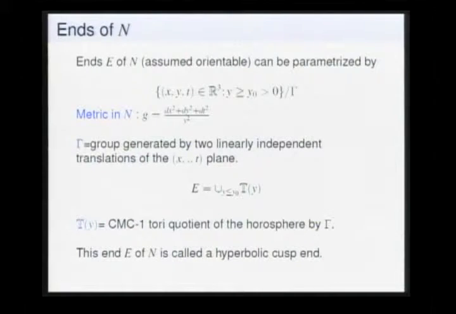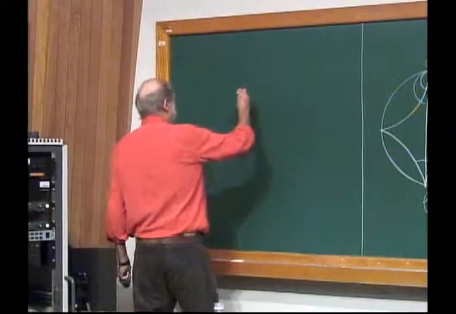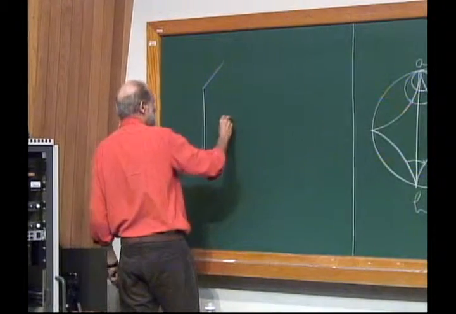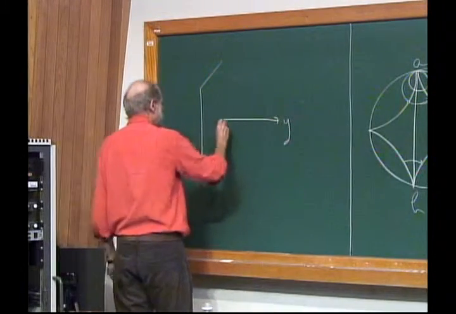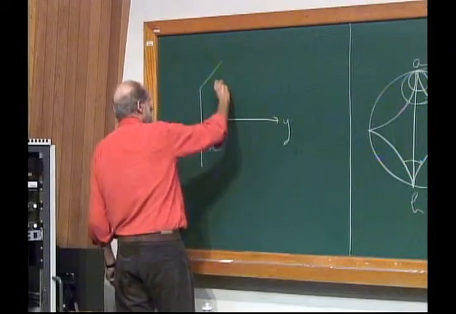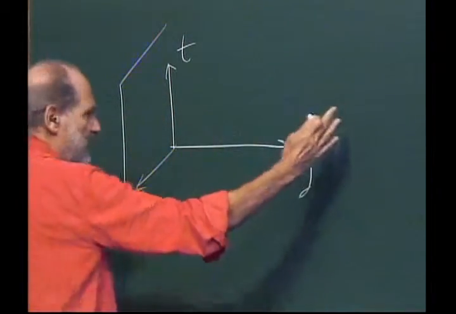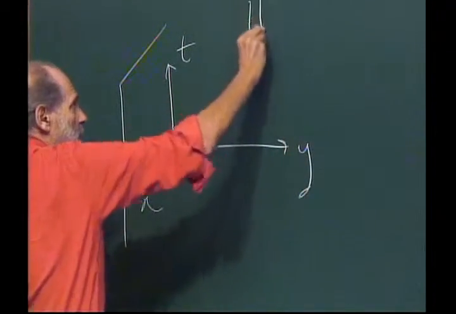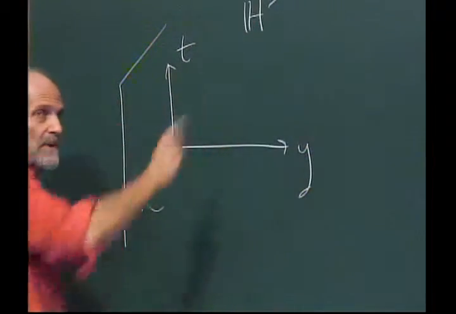So for each y, leaving y equals constant invariant, which is the plane xt. So in this model here, I'm taking a half space. This is y, x, t. I'm thinking of this half space here as H3 with that metric written down there.